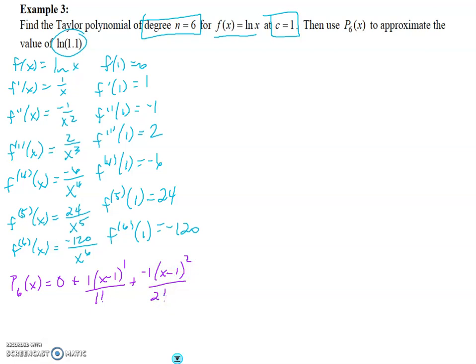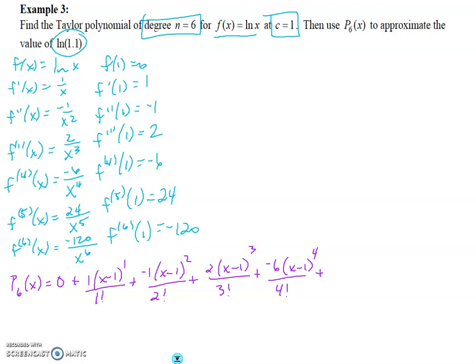plus the third derivative, which was 2, so 2 times x minus 1 to the third over 3 factorial, plus the fourth derivative was negative 6 times x minus 1 to the fourth over 4 factorial.